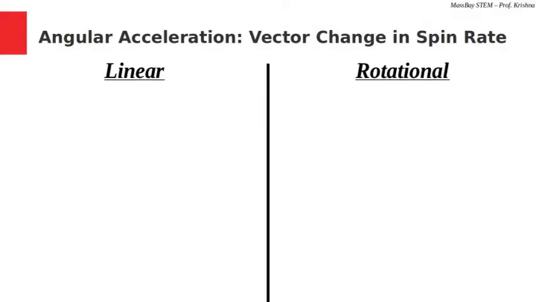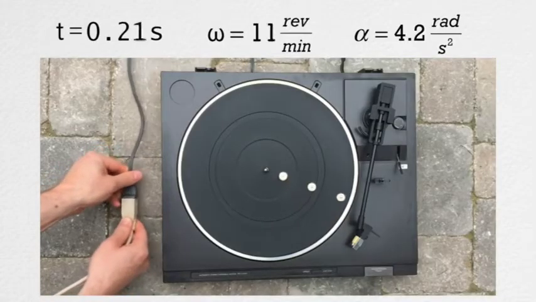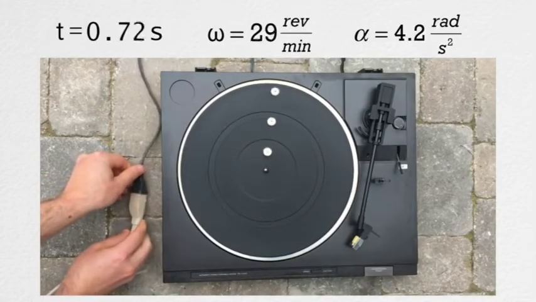Finally, in linear kinematics, we introduced acceleration. Acceleration is final velocity minus initial velocity over time. It is a change of velocity over time, the rate of speed up or slow down. In calculus terms, we write it like this: the derivative of velocity over time. In rotational kinematics, we have angular acceleration.